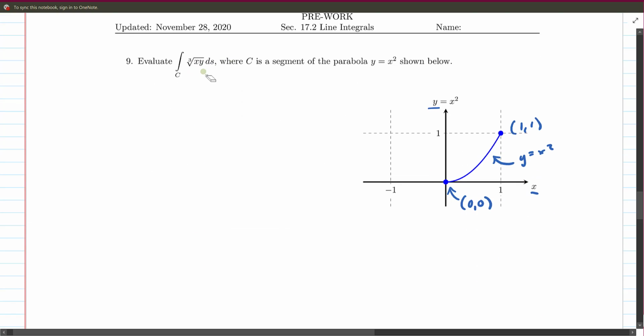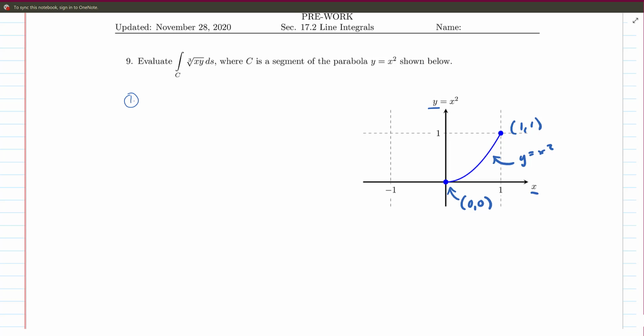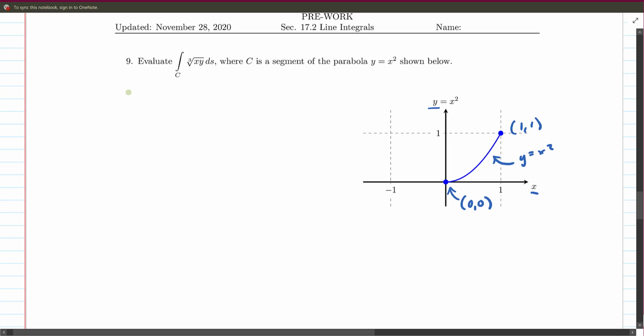The first thing we need is a parameterization of C. Well, I think there's a really natural choice for this.